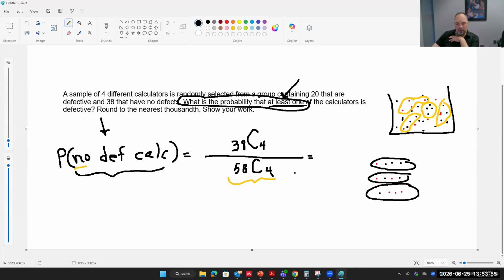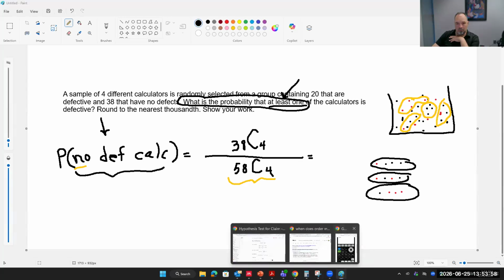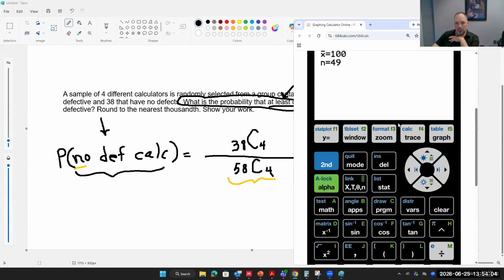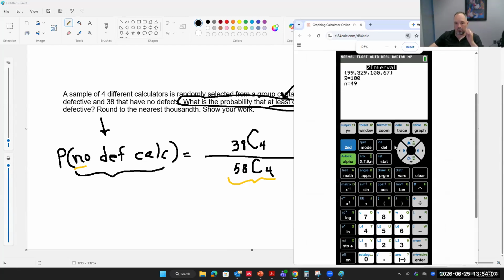When we compute that, it's going to be 38 choose 4 divided by 58 choose 4.